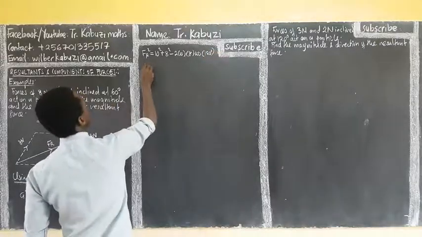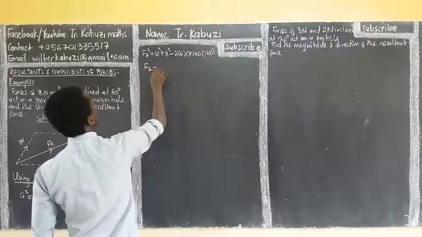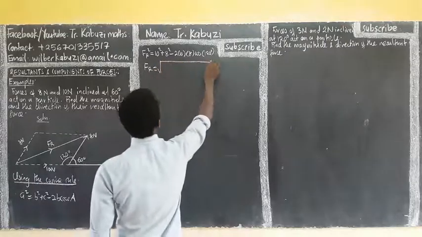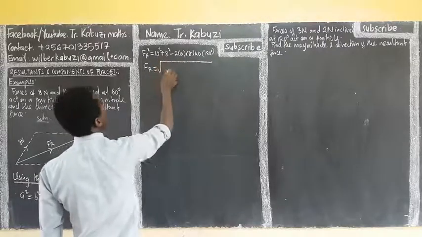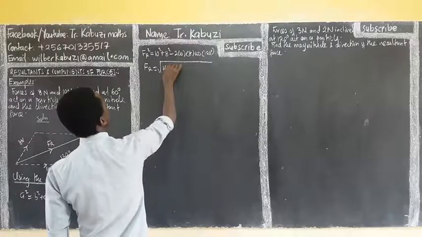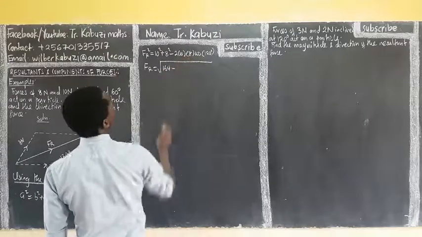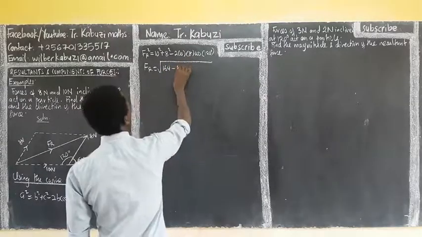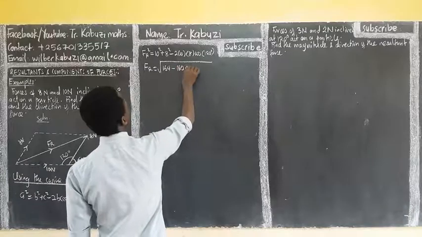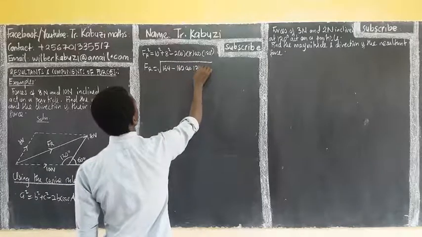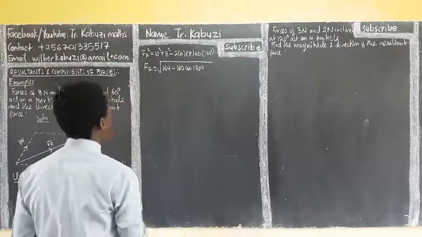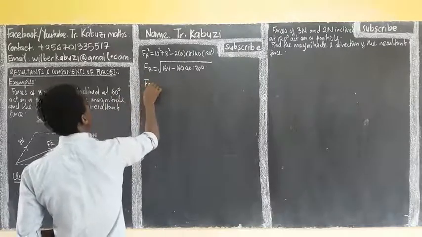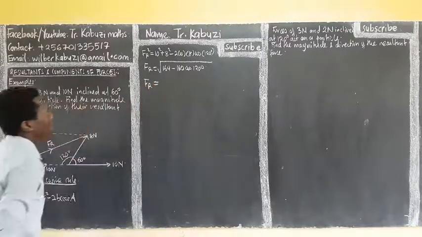So our resultant force is going to be the square root of 100 plus 64, minus 80 times 2, 160, cos of 120 degrees. And give our force in newtons.